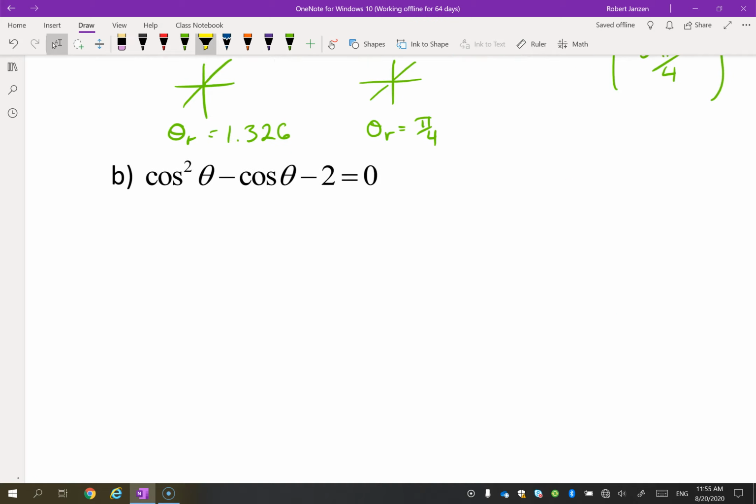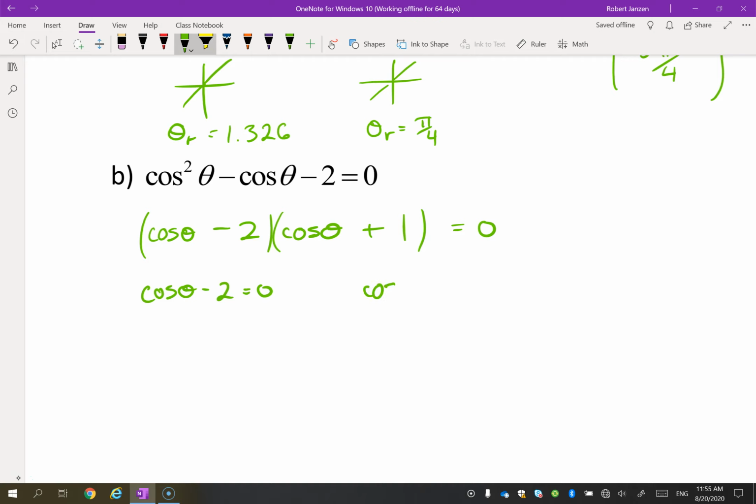So you can do the same thing here. You can let x be cos theta, but I'm okay if we factor it this way. So I'm sine theta, that gives me cos squared. And then I'm going to put minus 2 plus 1. If you figure that out, those are the correct factors. So this tells me cosine theta minus 2 equals 0, and cosine theta plus 1 equals 0.